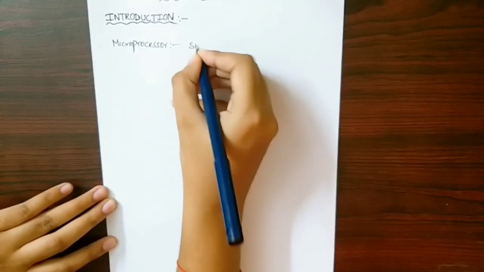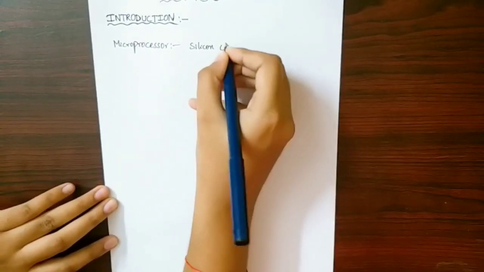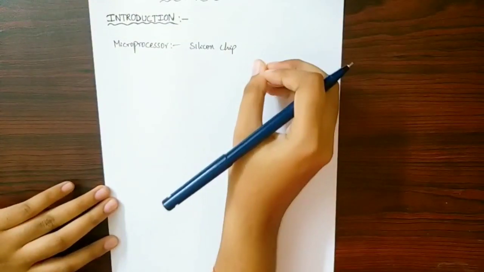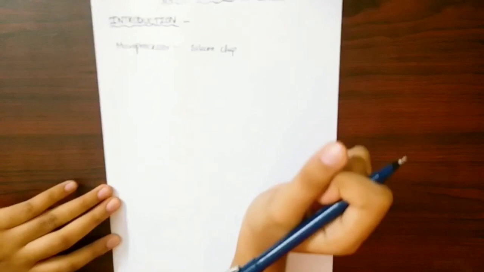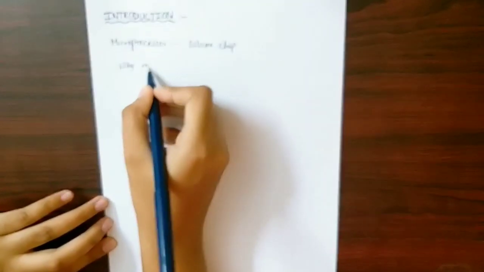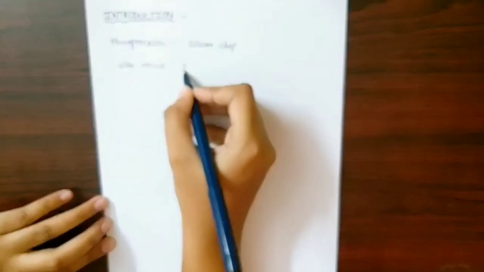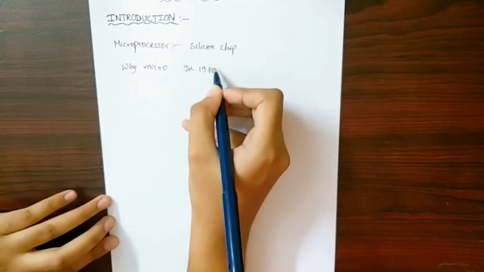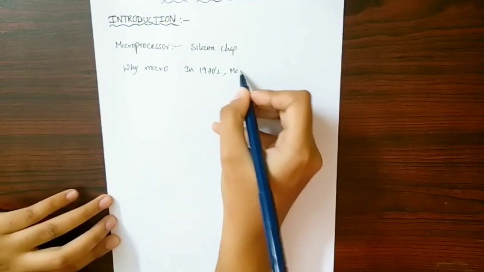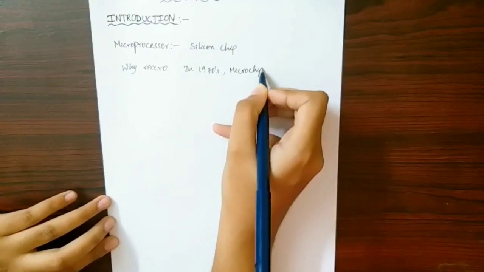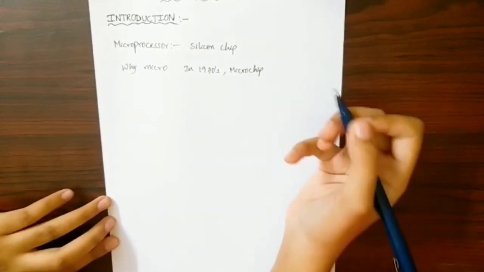A microprocessor is a silicon chip which contains an ALU, some register circuits and some control circuits. So why micro? In the 1970s, the microchip came into existence.